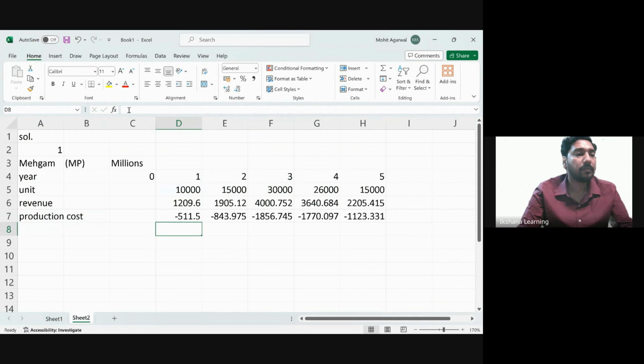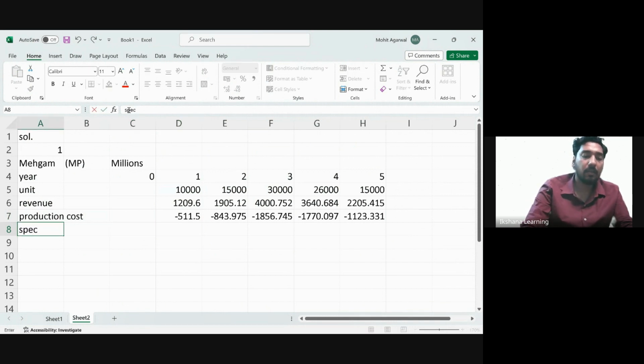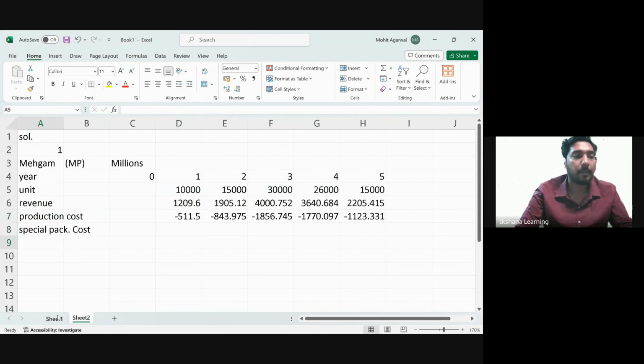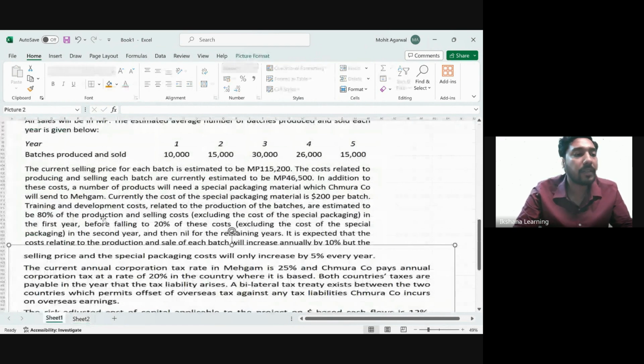Now, special packaging cost. What do they say about special packaging? In addition to these costs, the special packaging which Chmura will send to Mega.